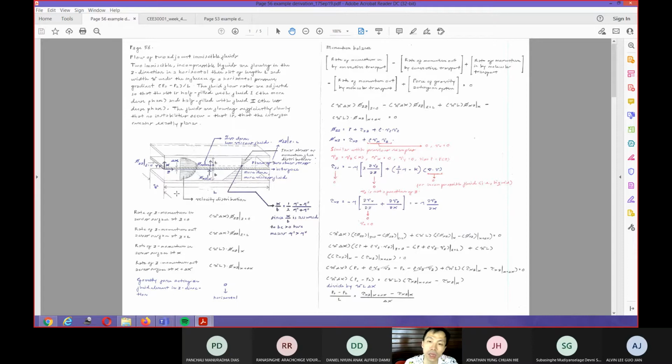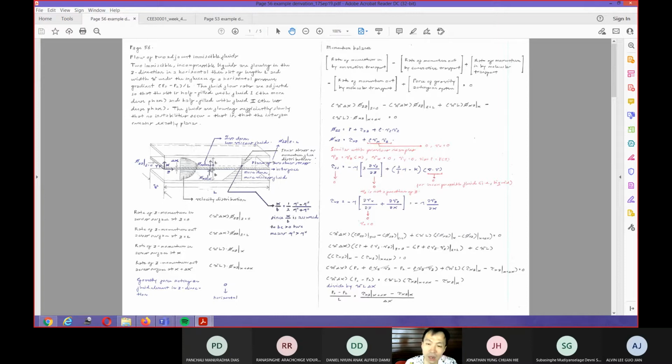Because the velocity in the z direction varies as a function of x, you have to take the shell element. In this case it is a liquid, with a thickness of delta z, and then you need to draw the shear stress that operates on it. There is one shear stress that operates at the plane of z equals 0, another that operates at z equal L, and another going up from the surface.